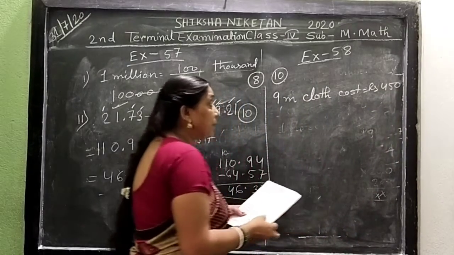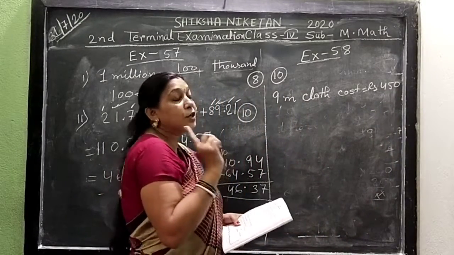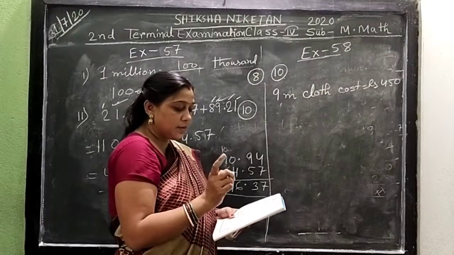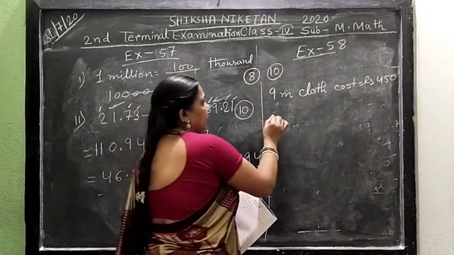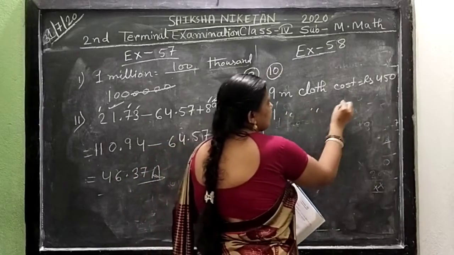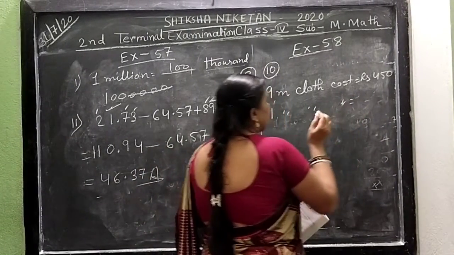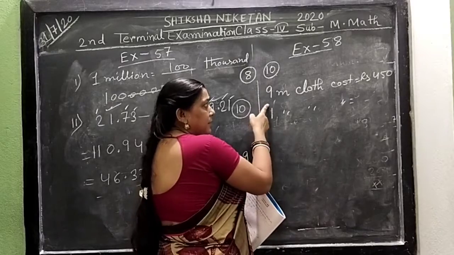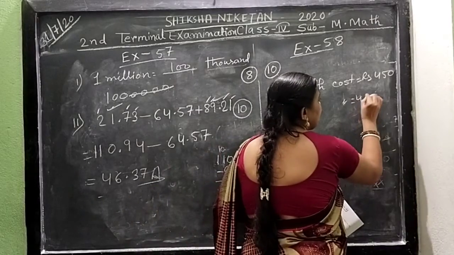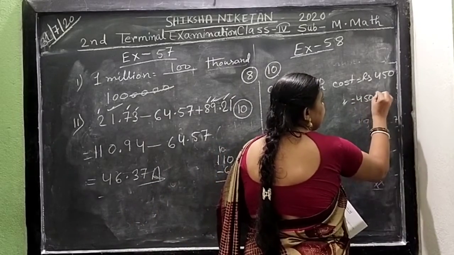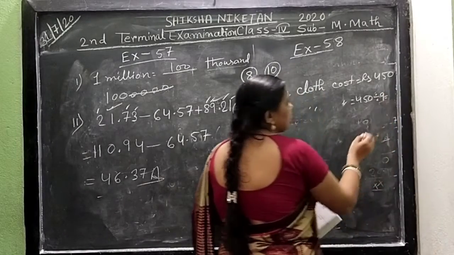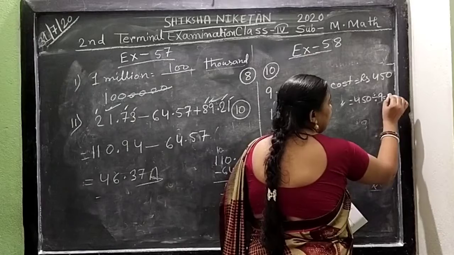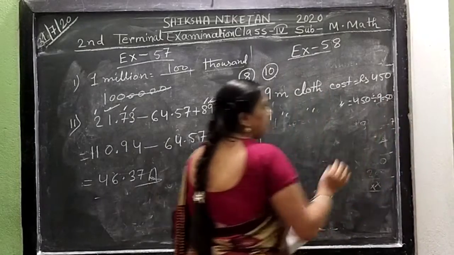Then we find out 1 meter cloth price. Then we find out 15 meter cloth price. Okay. So 1 meter cloth cost is less than 9 meters, so we divide 450 divided by 9. Answer is 50. Answer is 50 rupees.